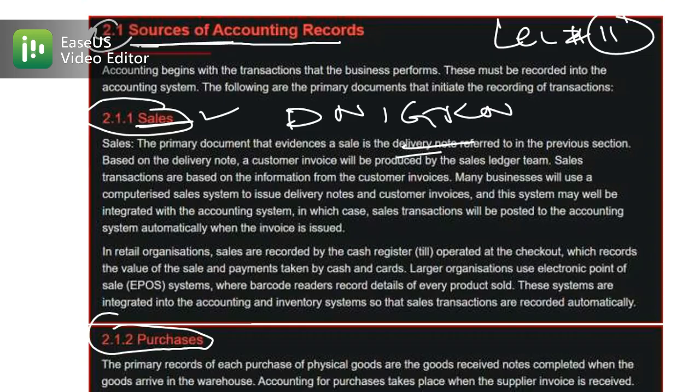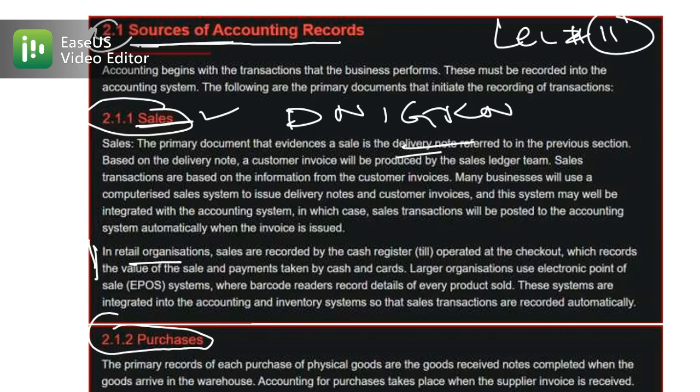But what if you look into retail sales and the retail organization? The setup is definitely different. Retail businesses work a bit differently. You have seen those cash registers or tills at a checkout counter, right? So every time someone buys something, the till records the sale, whether it is cash or card.